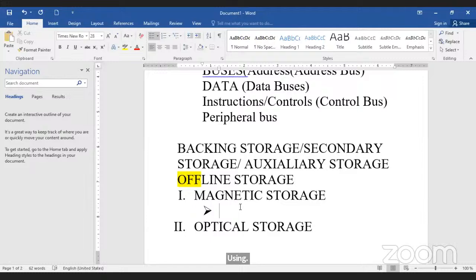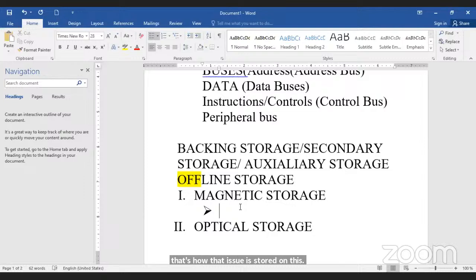For those who studied physics up to Form 2, you know what magnetism means. And for those who didn't study physics, you have come across this term that like poles repel and unlike poles attract. That's how data is usually stored on this backing storage.